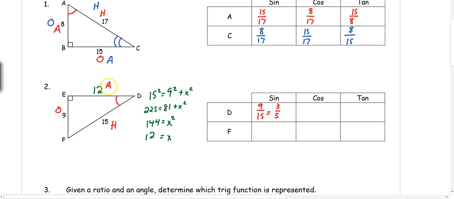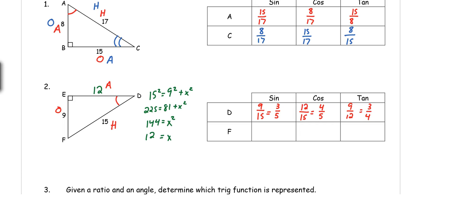My cosine is adjacent over hypotenuse, so 12 over 15, and that reduces to 4/5. My tangent is the opposite over the adjacent, and that reduces to 3/4.